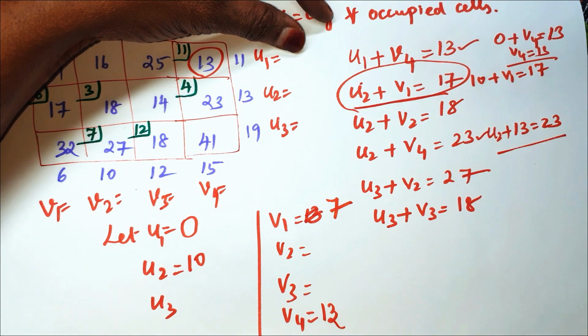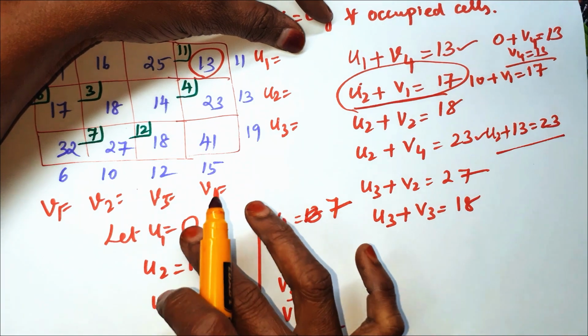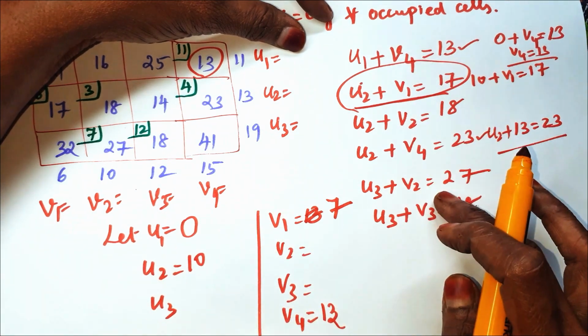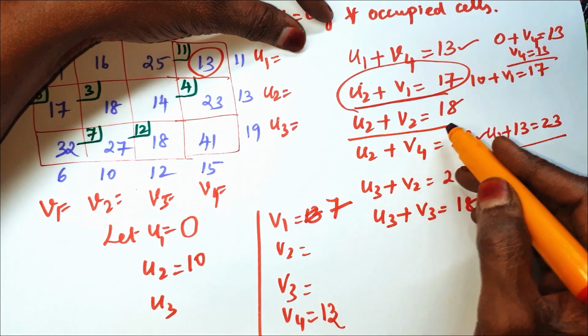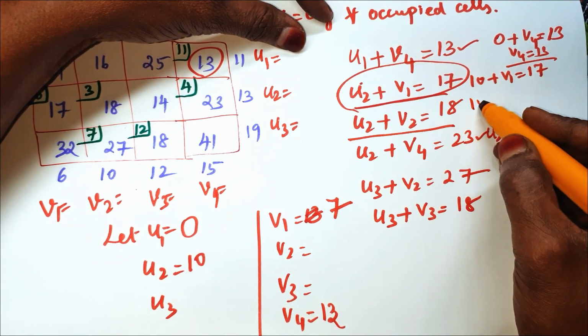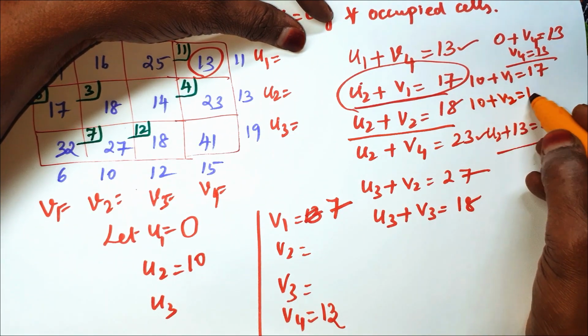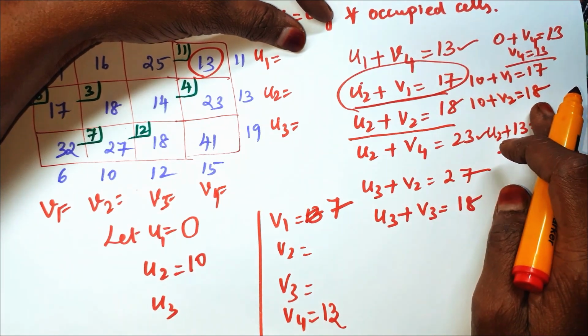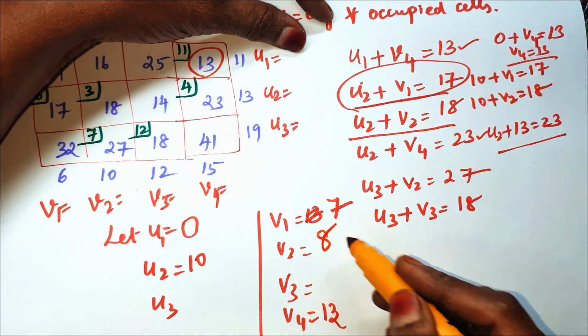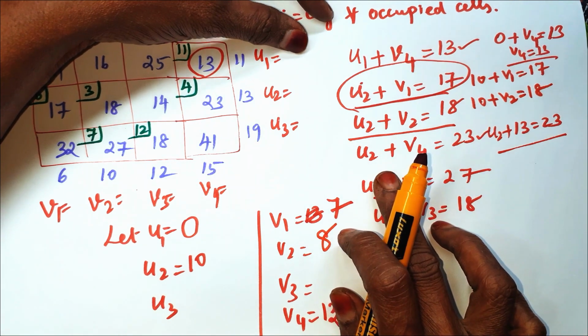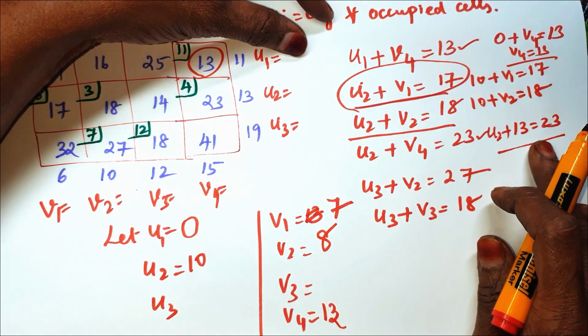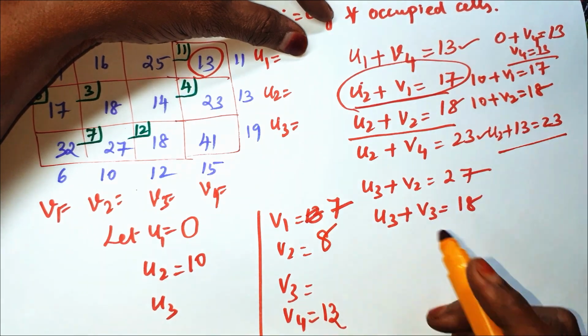After v1, v4, u1, u2, we have to move on to the next one. Here also we have u2, so I can substitute that u2. 10 plus v2 equal to 18, so v2 equal to 18 minus 10, that is 8. Here also we have u2 plus v4, but we already got v4, so leave that.